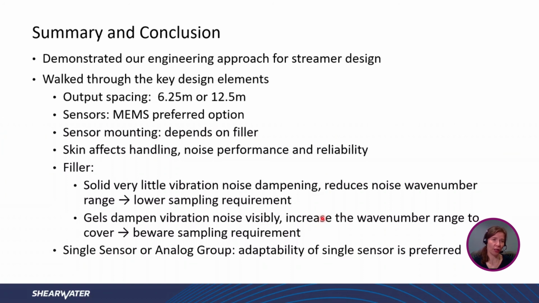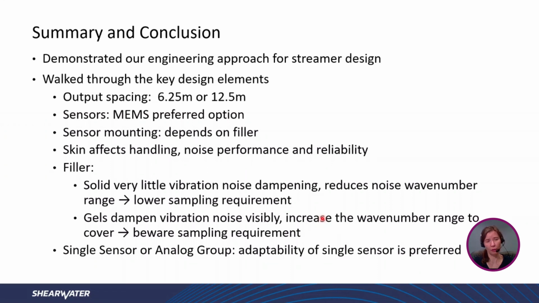We also have learned that we actually prefer the MEMS for our multi-component sensors, as they give us higher flexibility. The sensor mounting depends on the filler, so we have well understood this problem.